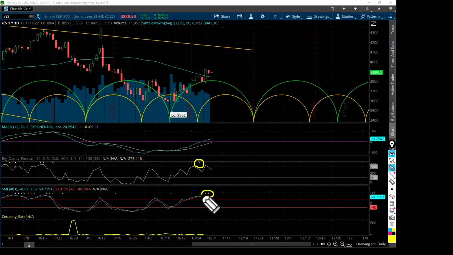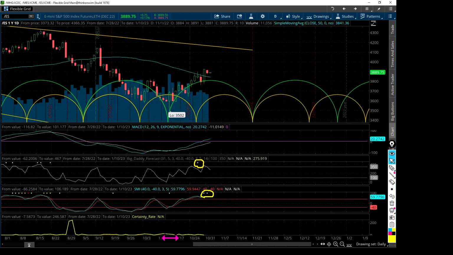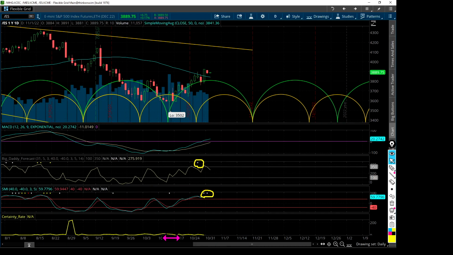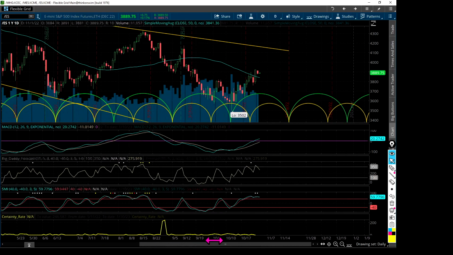And then we got these two divergence warnings, oh, sad face, on the SMI. Those do mean something, but I don't think they mean something just quite yet. They're like warnings, okay? So let's take a look back here. See these two divergence warnings, and then these started popping up right in here.